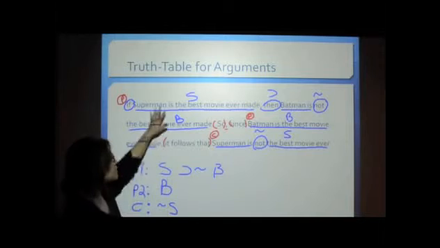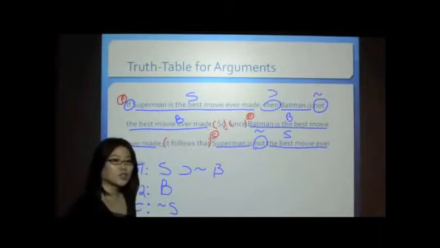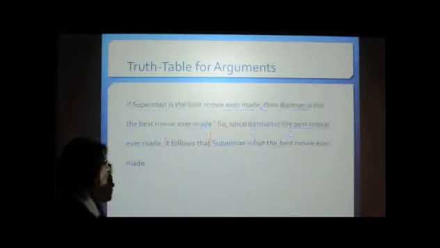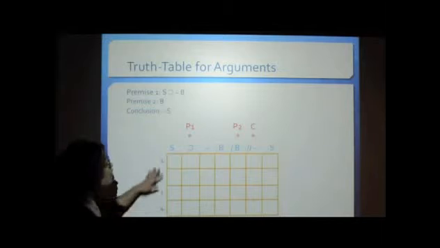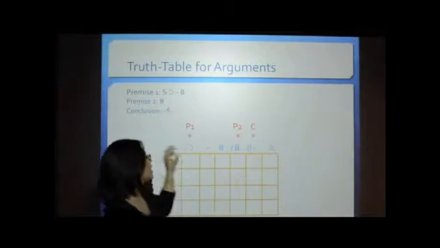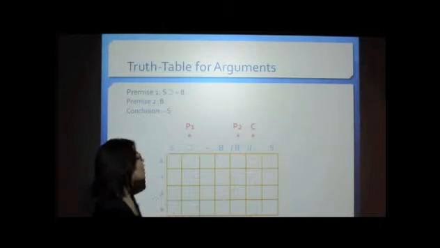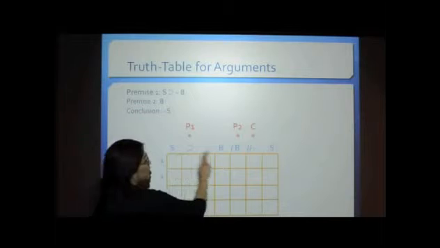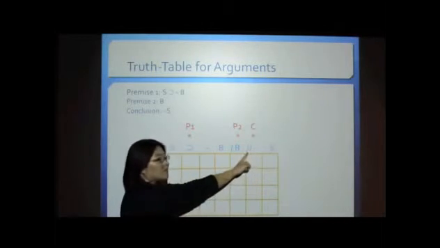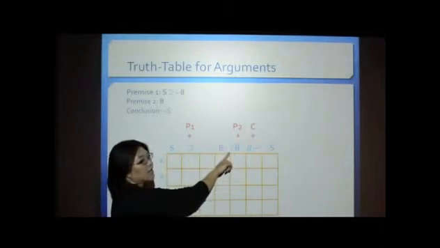Now that we have the statements of the argument written in propositional logic, we can set up the truth table for this argument, okay? How would we do that? Well, we go ahead and write out the premises as well as the conclusion across like this, just like we would groups of statements. However, in between the premises and the conclusion, we add a double slash mark, whereas in between the premises, we add a single slash mark.